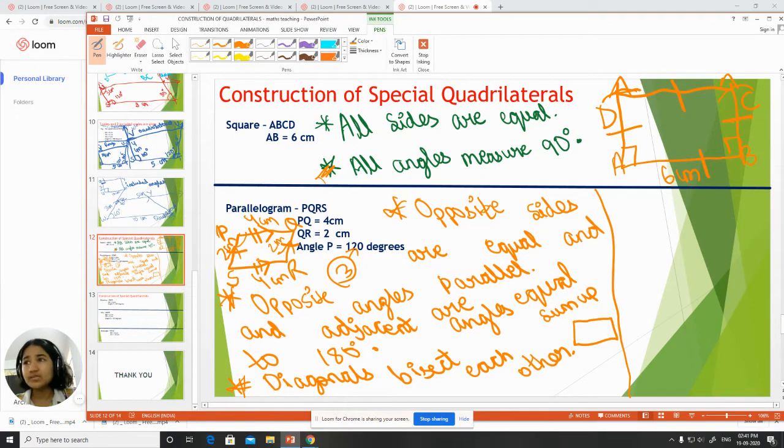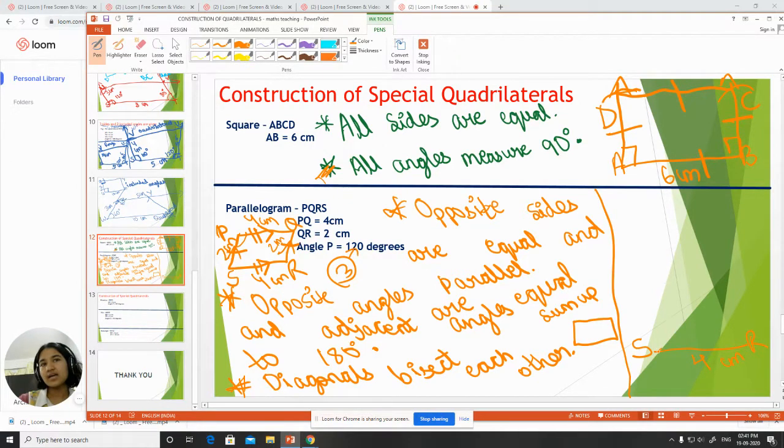So aren't we aware of 5 measures? Already we are aware of 5 measures. So now easily we can draw. Let's start drawing. S to R. What is its measurement? It's 4 centimeters. Of course, we have seen it.